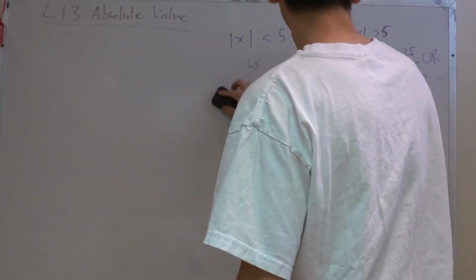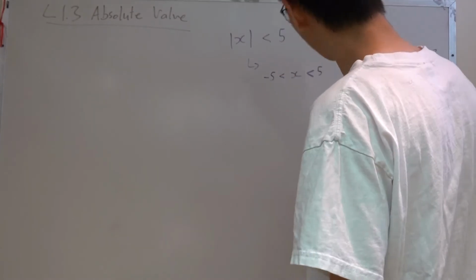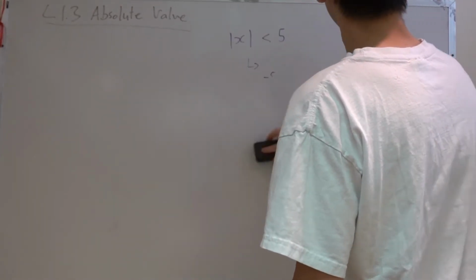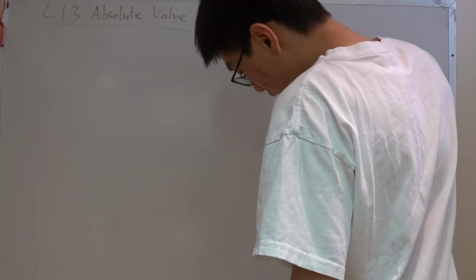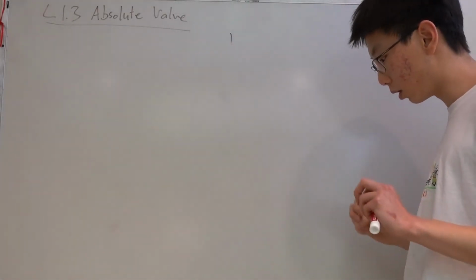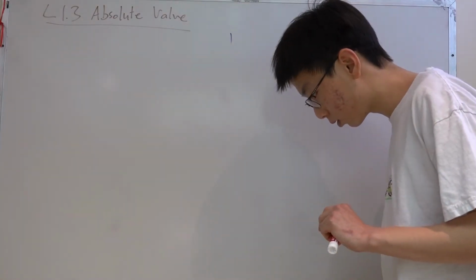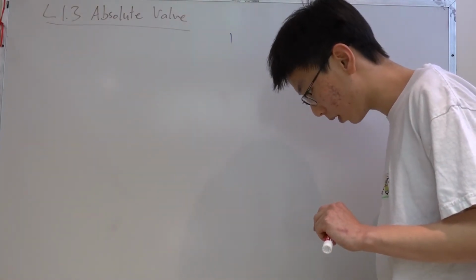So now that we've gotten that out of the way, let's do a more tricky example. So I'll start off with one that involves a rational function. So let's see. Okay.